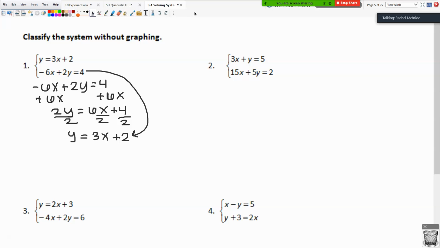If I compare the slopes of both those equations, the slopes are the same. If I compare the y-intercepts, they're also the same. So if 2 equations have the same slope and the same y-intercept, then these are coinciding lines with infinitely many solutions.